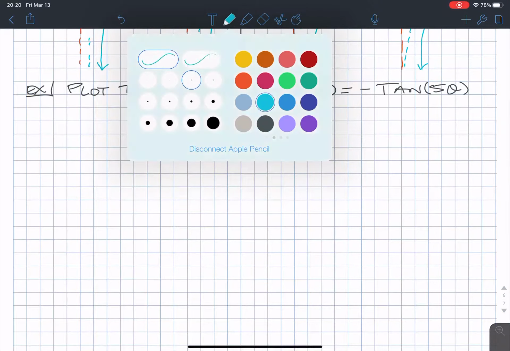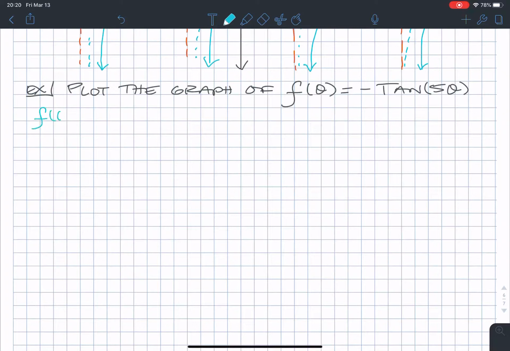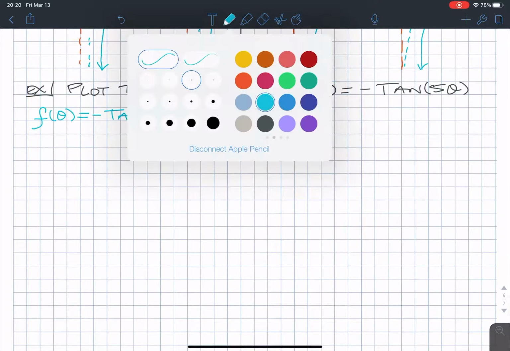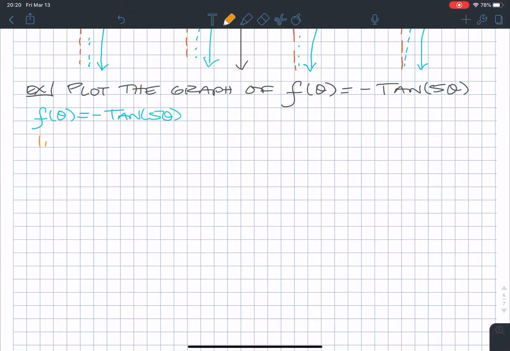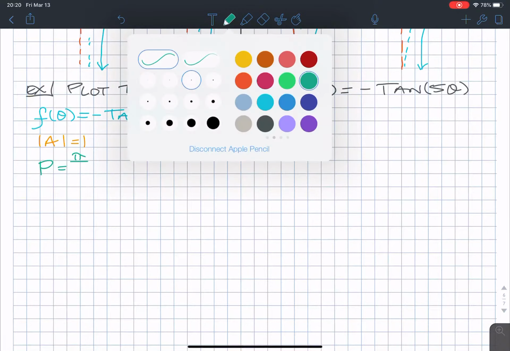Okay, so if I have that f of theta is negative tangent of 5 theta, I know that the amplitude is 1. I know that the period for 2 quadrants is pi/5.